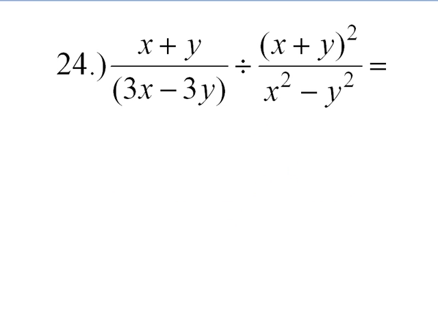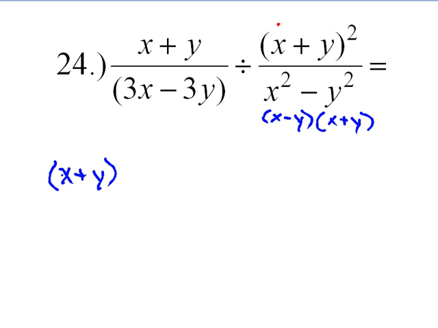Here's another one. Now, don't let it scare you. We have x plus y. Let's get that down on the top. Now, we've got to flip this, right? So let's put what we have. This is the difference of squares. So that will become x minus y, x plus y.